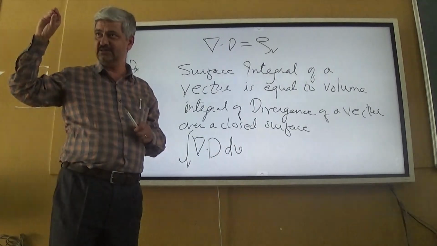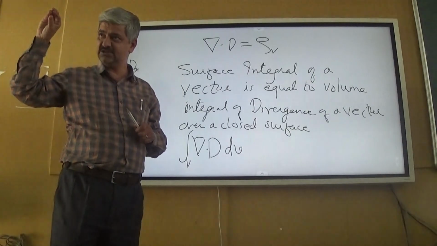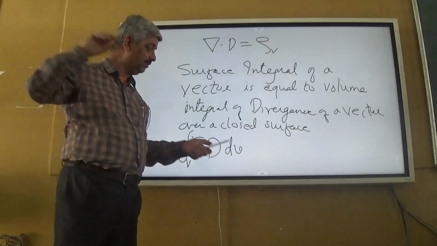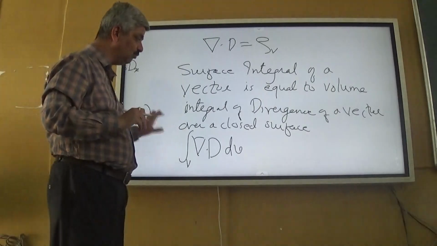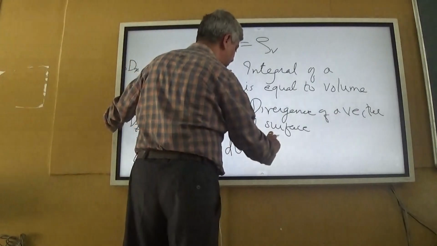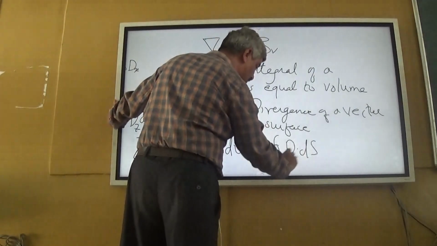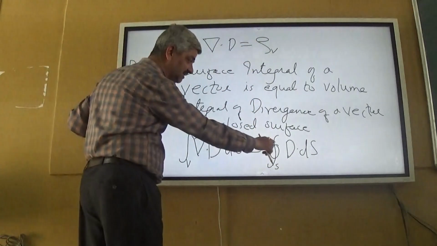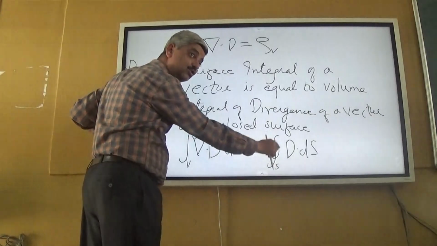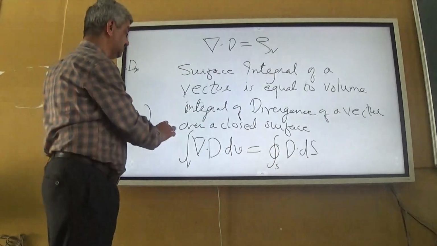So a small volume around that into rho v over a volume is equal to D dot dS over a closed S. And what this indicates? Closed surface. This is the divergence theorem.